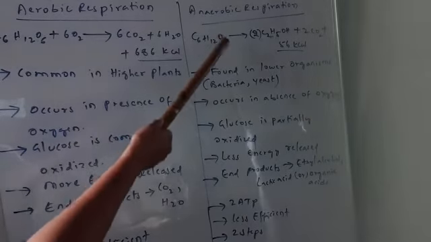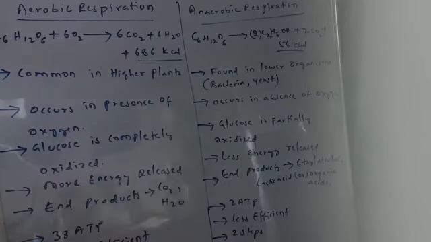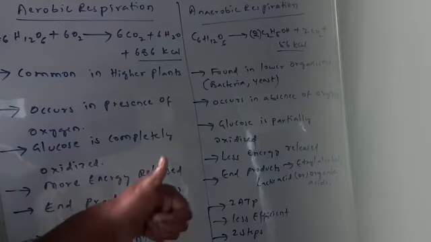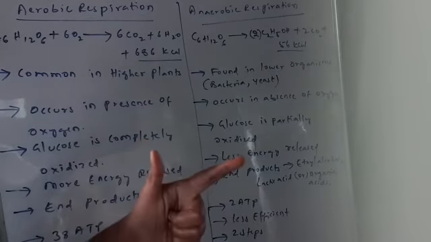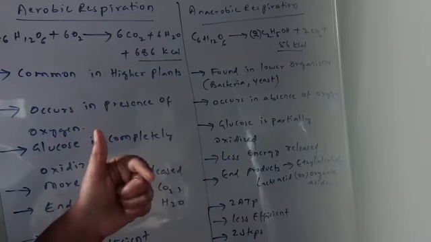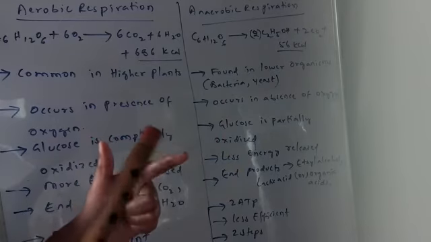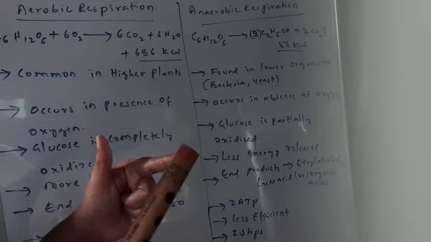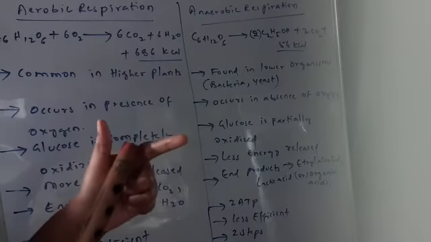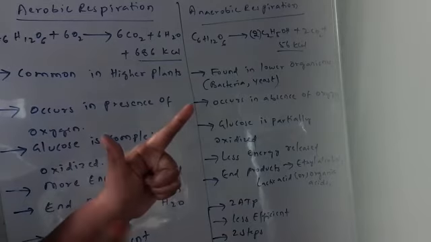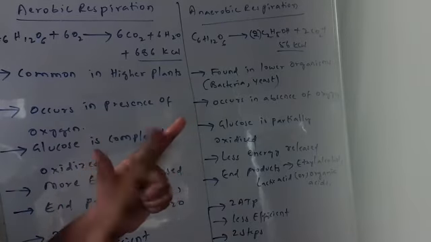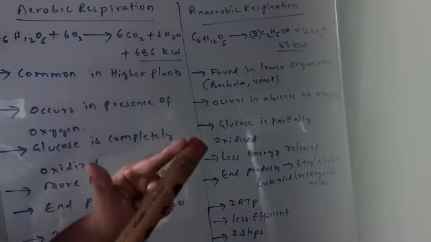Whereas anaerobic respiration takes place in only 2 steps. The first step is glycolysis, which takes place in the cytosol, and the second step is fermentation. As I told you, there are different types of fermentation. It could be alcoholic fermentation or lactic acid fermentation. But generally there are 2 steps in anaerobic respiration: glycolysis, and the second step, fermentation.